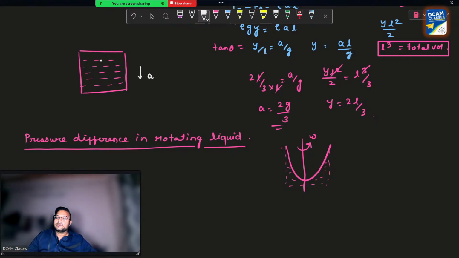In that case, if this is P1 and this is P2, then P2 is equal to P1 plus rho into (g minus a) into this height h, like the pseudo force we do.